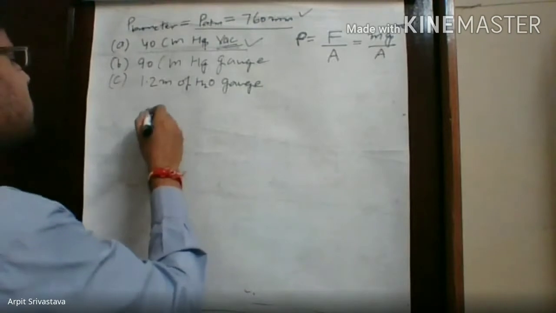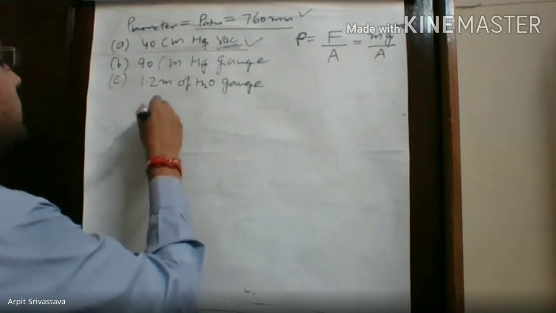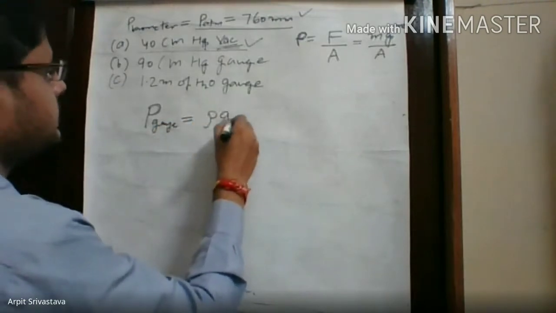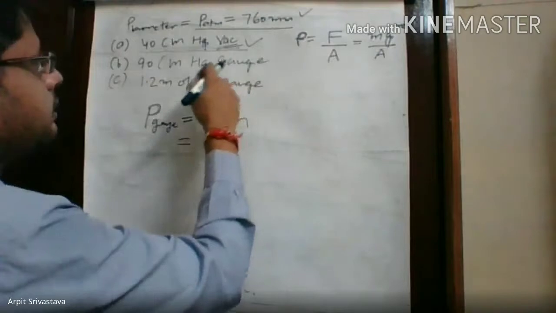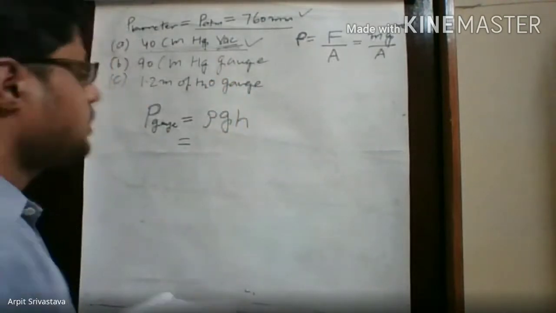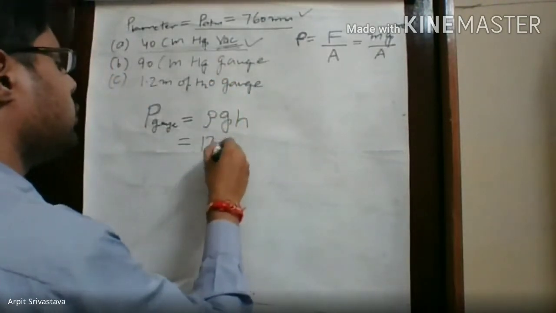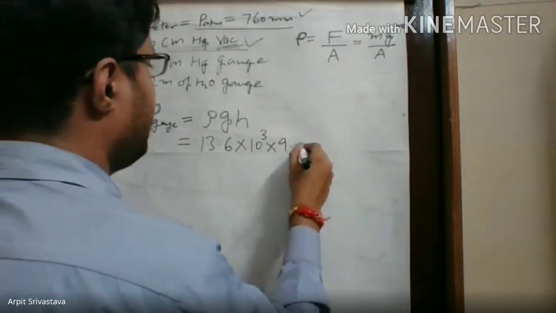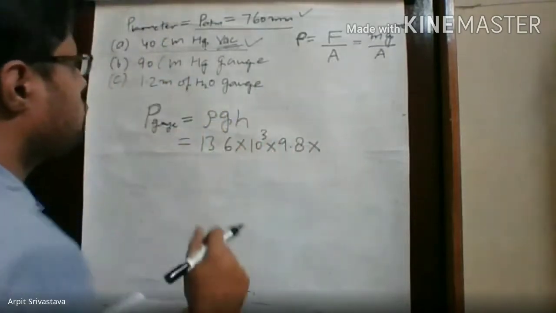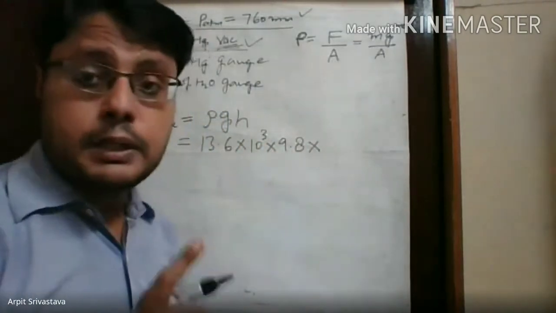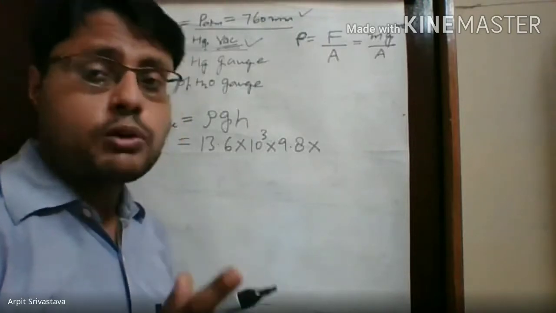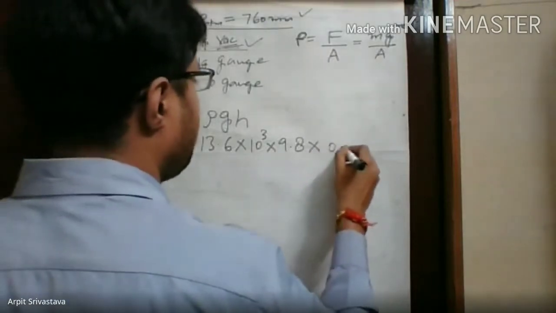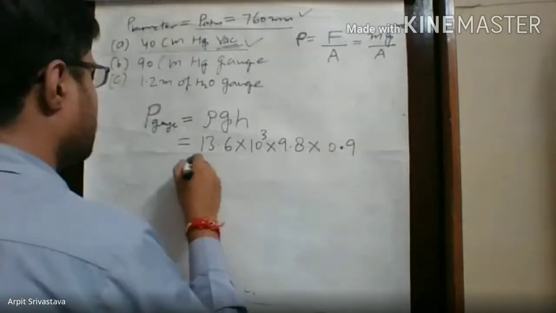Again, you apply the expression P gauge equals rho g h. This is again with respect to Hg, that means mercury, so you adopt 13.6 into 10 to the power 3 into 9.8 into h. The h value is 90 centimeter, which you have to convert into meter, so that value is 0.9.